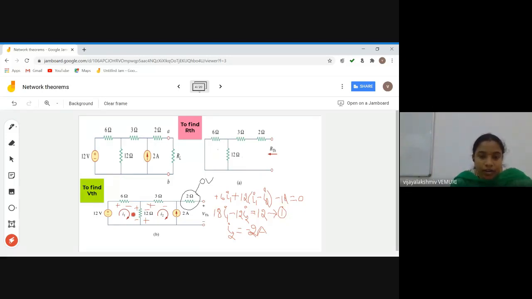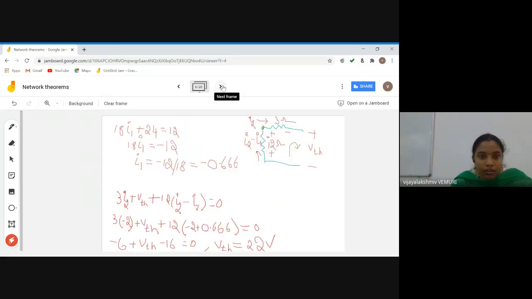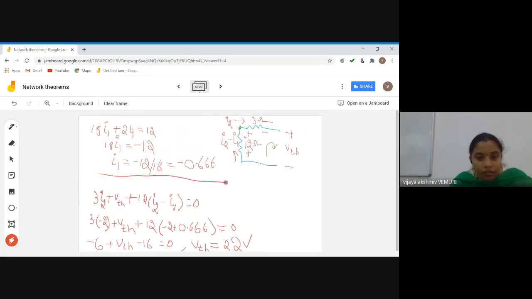Second KVL, no need to write down because already we know the current value is minus 2 amps. You just substitute this I2 value in this equation and you will get I1. After doing that, I got I1 to be equal to minus 0.66 amps.